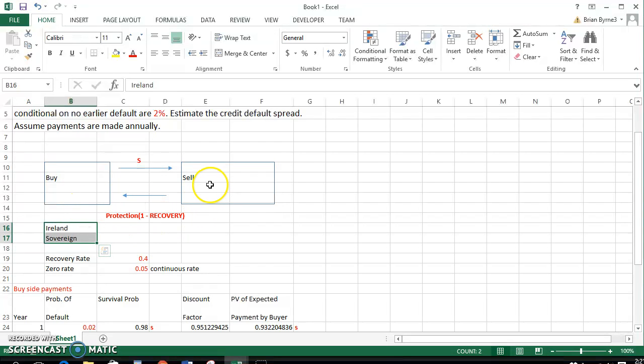So what we really have is a low probability of a high payment. If it was $1, 60 cents would have to come across, but the chances of that occurring are small. So low probability of high payment. The buyer, in contrast, has a high probability of low payment.